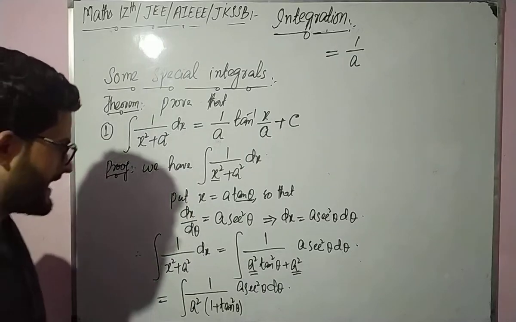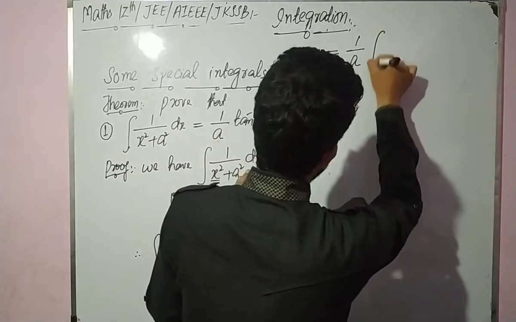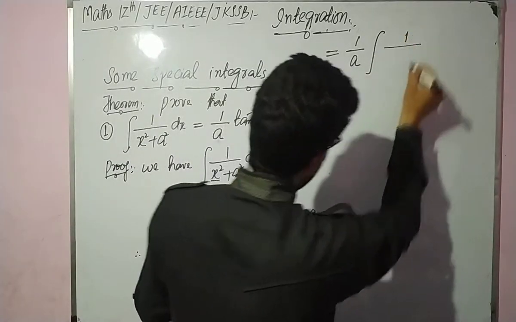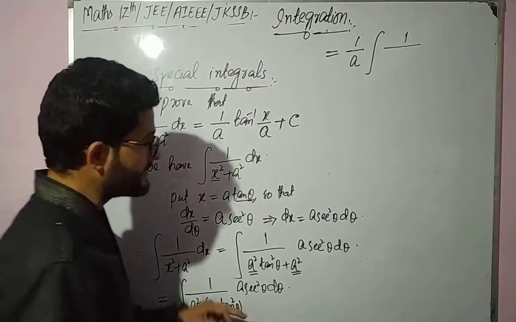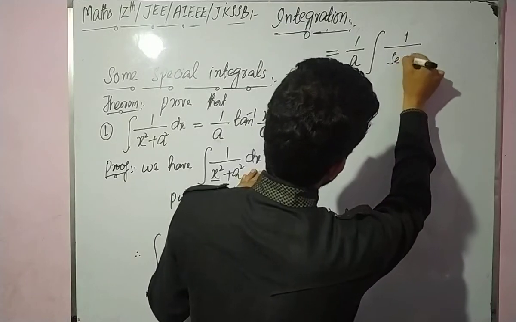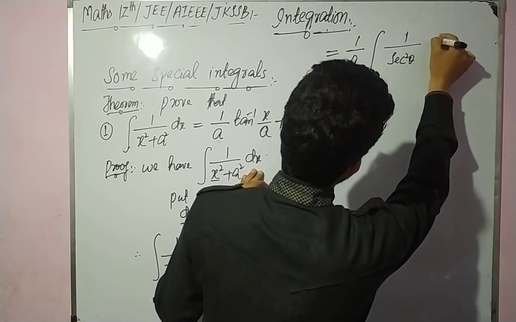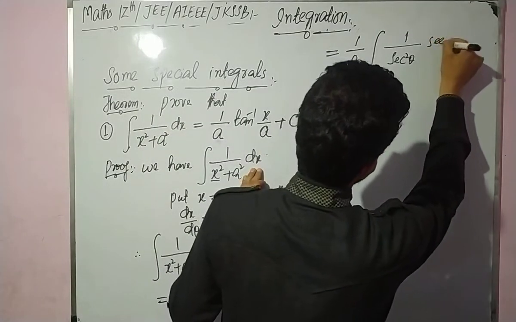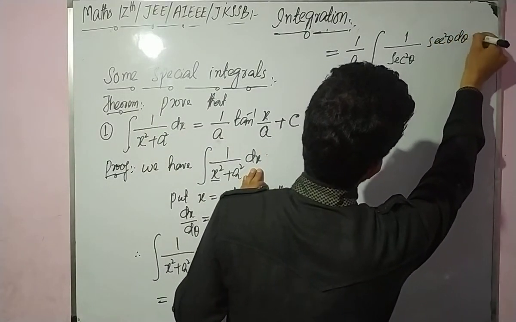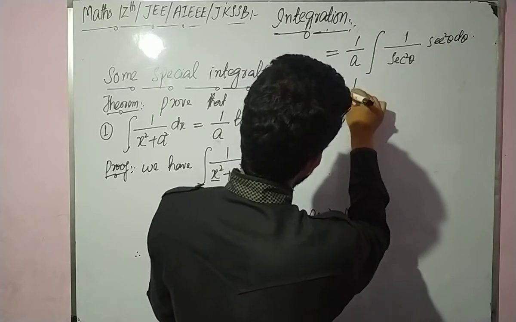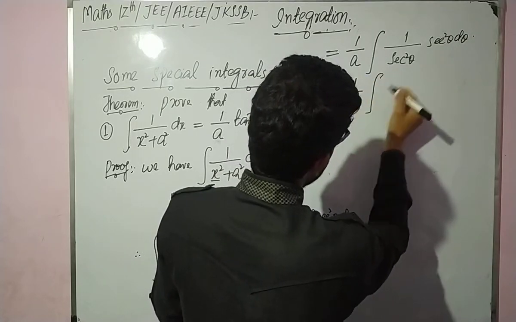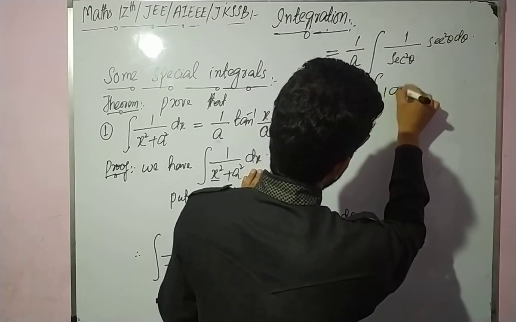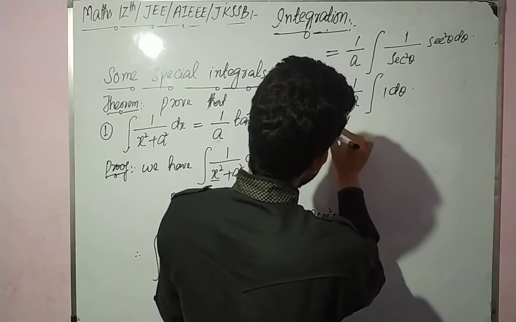So 1 divided by a integration of 1 divided by, here 1 plus tan square theta remains and that is sec square theta, into sec square theta d theta, and that is further equal to 1 divided by a integration of sec square theta, where 1 remains, d theta.